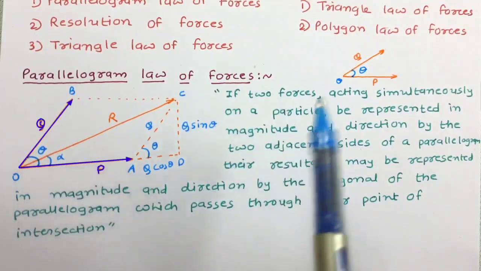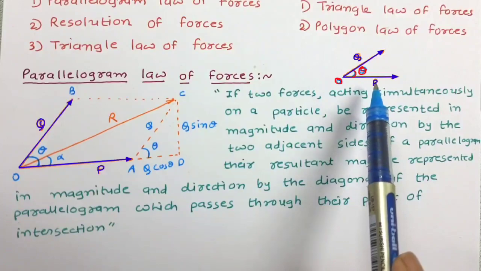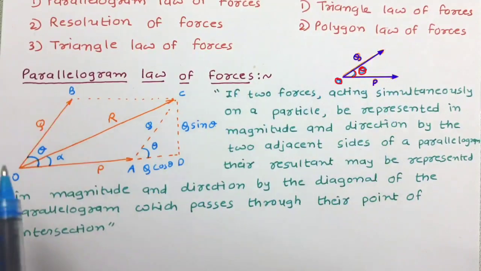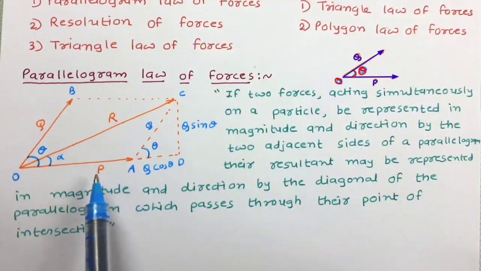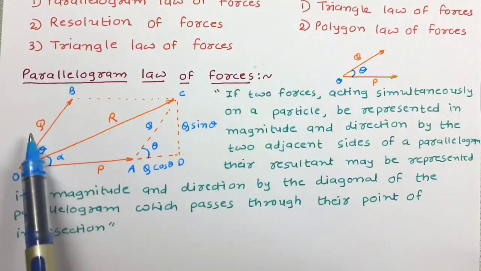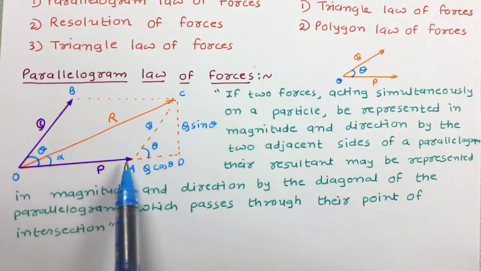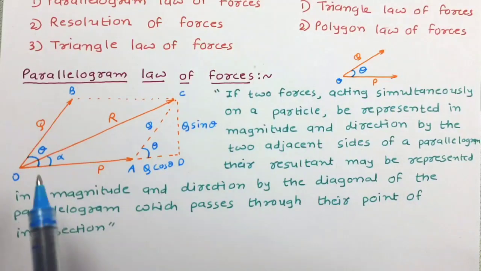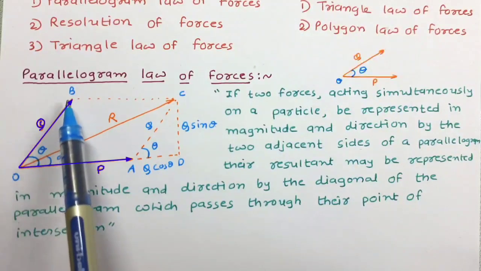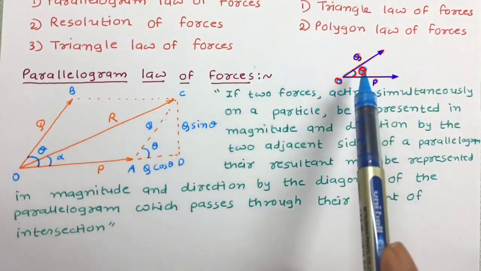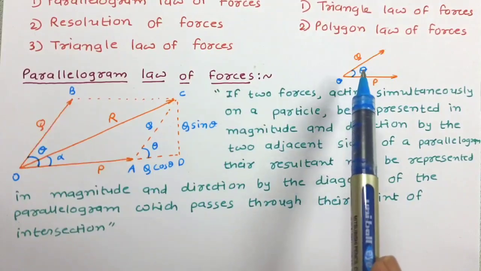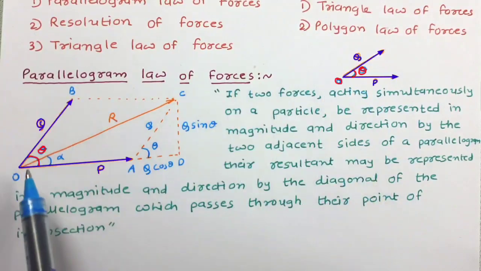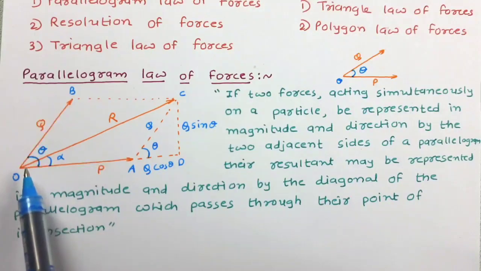So here, if we represent these two forces P and Q by two adjacent sides of a parallelogram with magnitude and direction, it means this P is represented according to the magnitude of P with some scale, and this Q is represented by the same scale, and direction means the angle between them remains constant, theta.